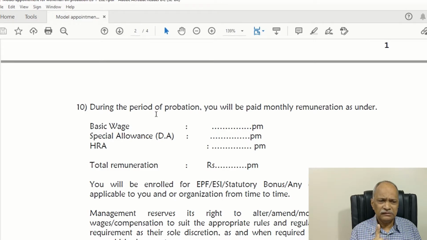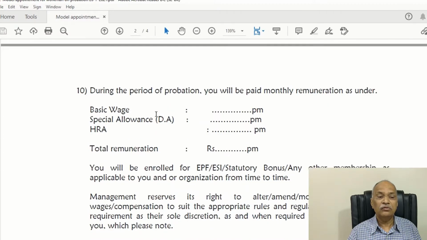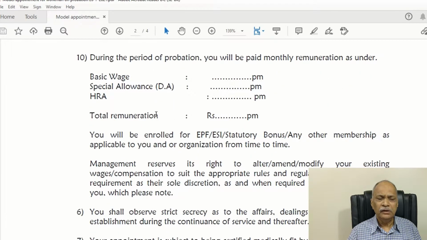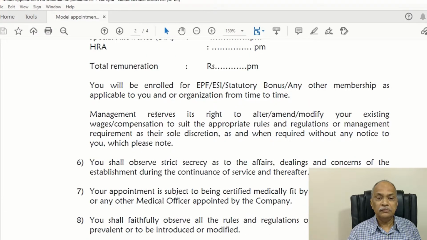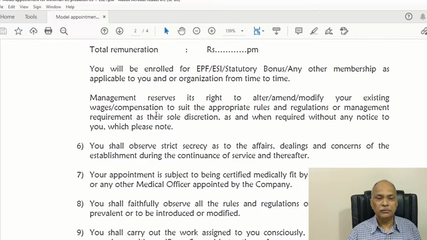So, first is basic wages, second is special allowance, its nature is parallel to DA, or human resource allowance, and third is house rent allowance. After that, it has to be also clarified to the workman in the appointment letter whether the respective workman is eligible for PF, ESI, bonus or any other legal membership or voluntary membership.